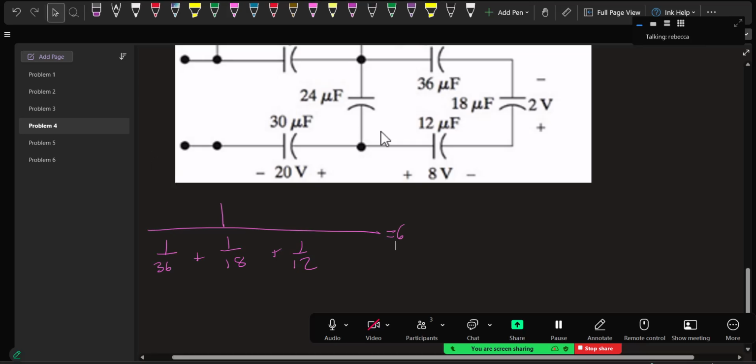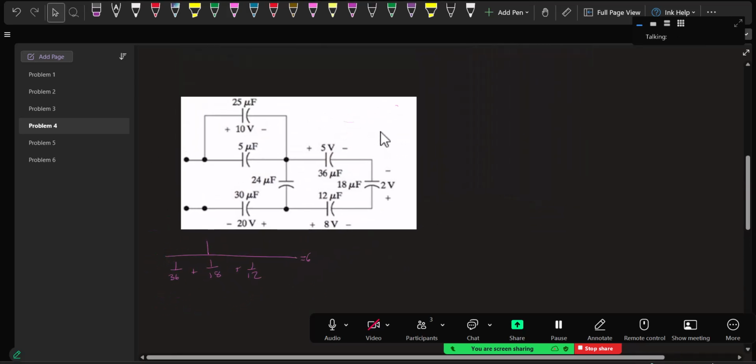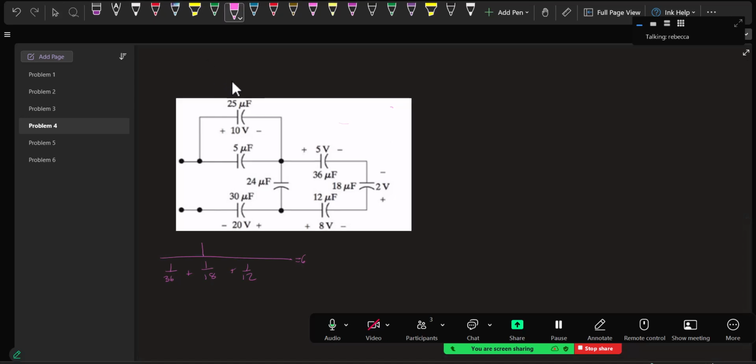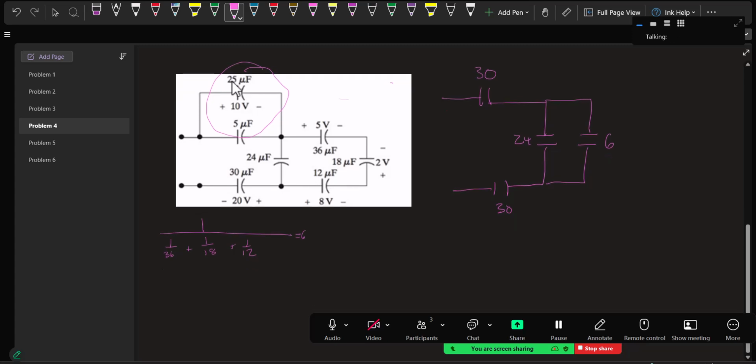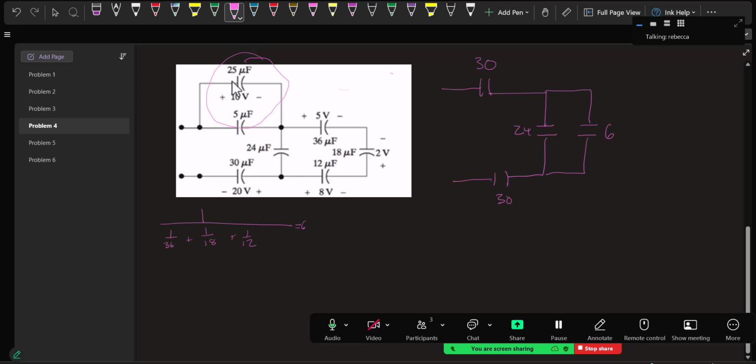So now I also have this 25 and 5 in parallel, so I can add those together and get 30. And now the 24 and the 6 are in parallel, so I can add them together and get 30.